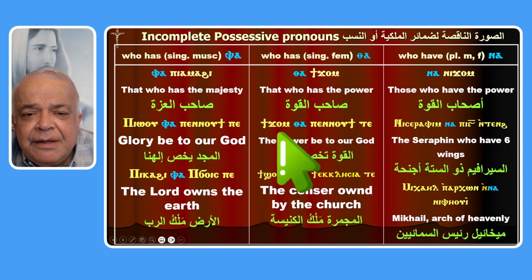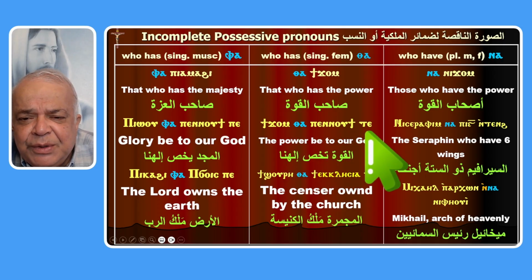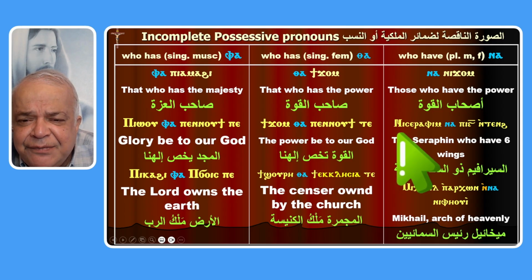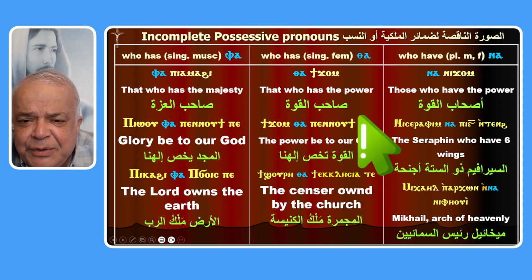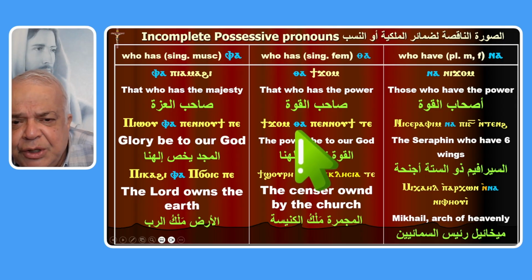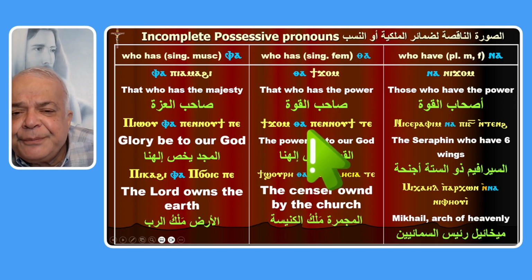If it is feminine, I will say ti gom sa penoti te. Why did I change pe to te? Because here it is feminine. Te, verb to be for feminine. Utha is a short incomplete form of possessive article for feminine singular.